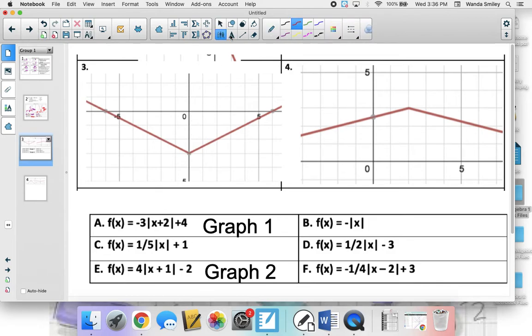So now look at graph 3. All right, 3 goes straight down, so it doesn't go over any. So it's just going to be the absolute value of x. And it goes down 1, 2, 3, so it means it's going to be -3. It is wide, so that means A is a fraction.